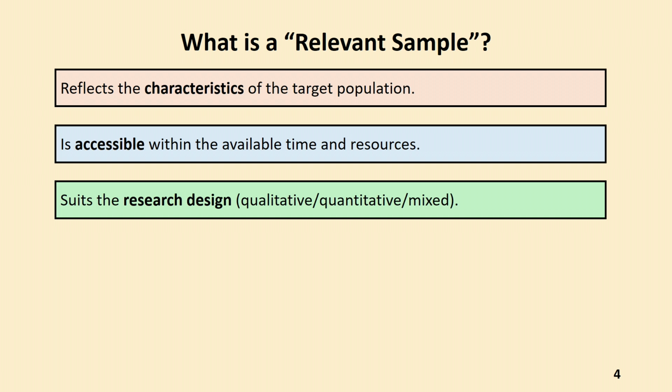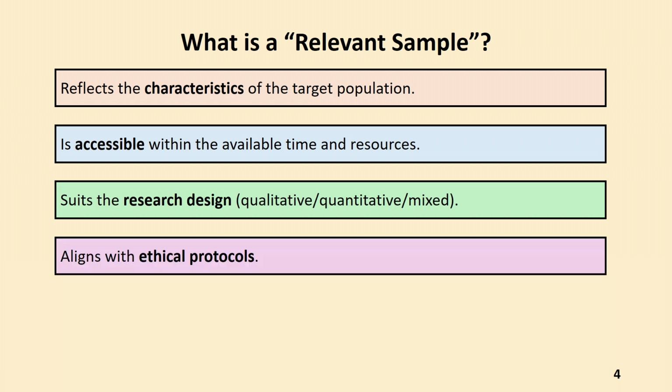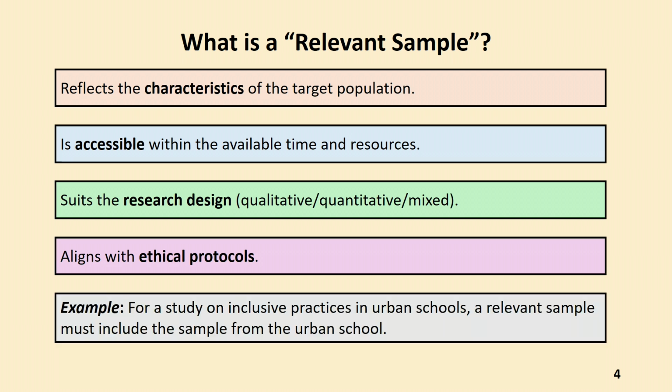So whether your sample suits the research design, then we consider it a relevant sample. It aligns with ethical protocols, very important. You can see here on the screen that the four important aspects combine together to make a sample relevant for a particular study.